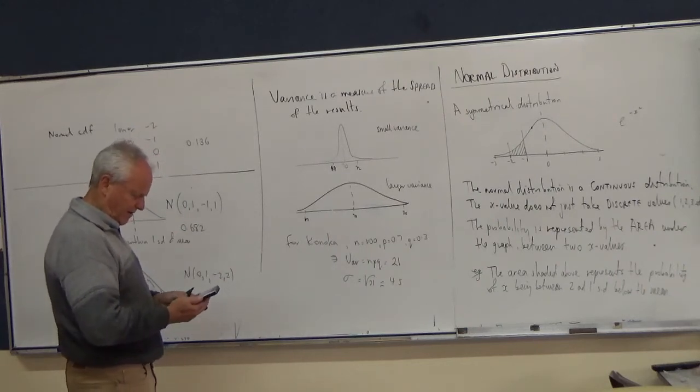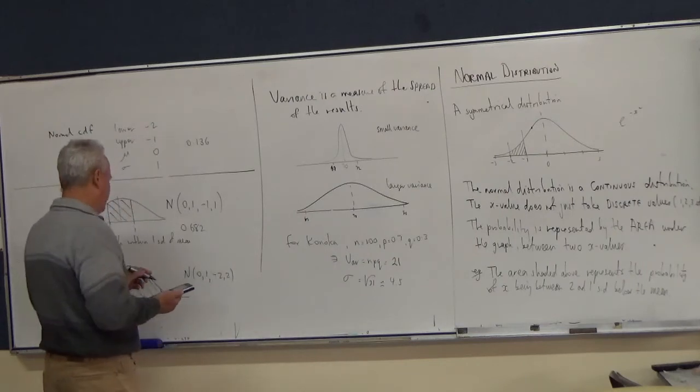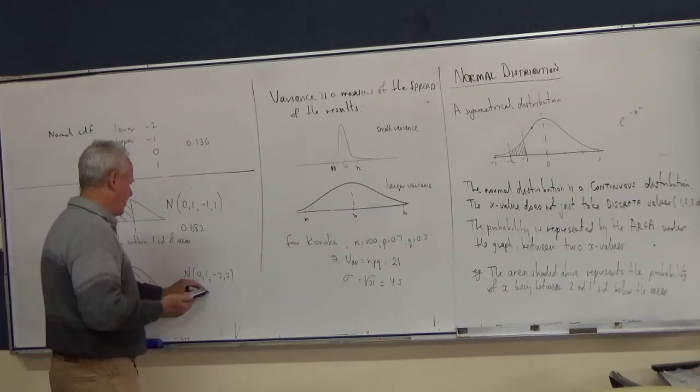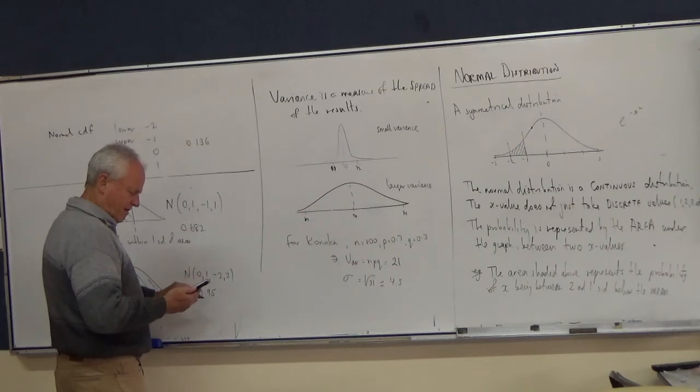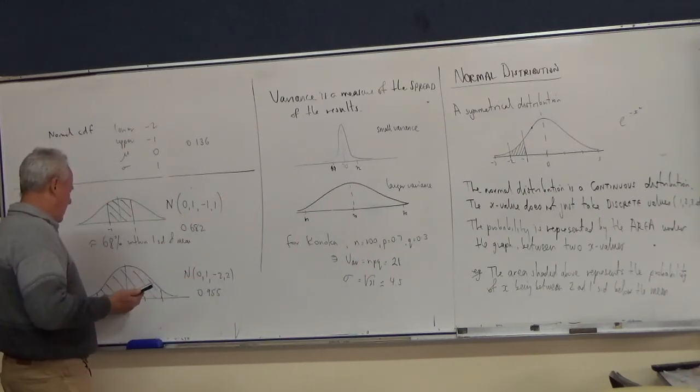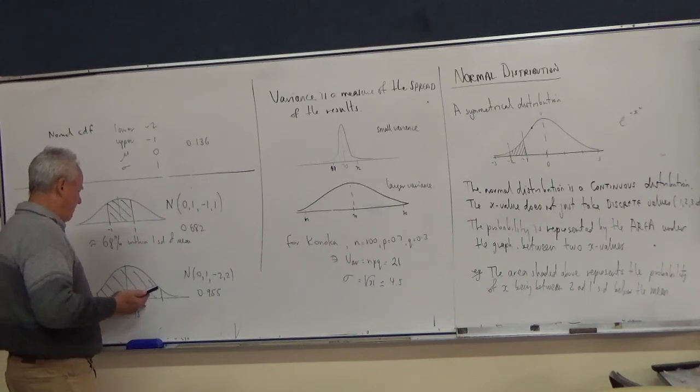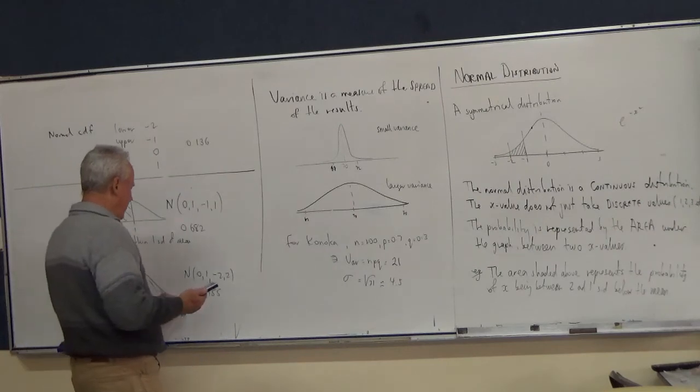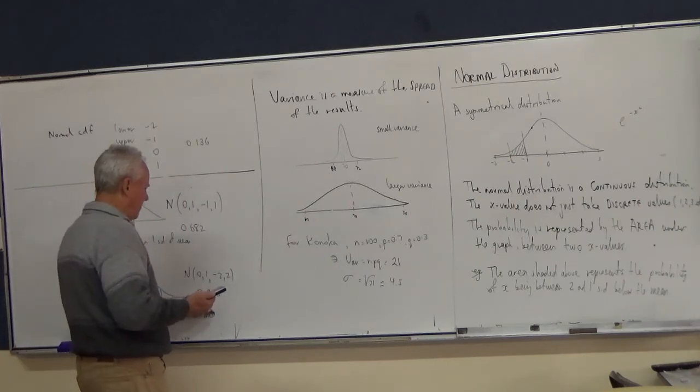And we get 95.45, so let's say 0.9545. So we'll say approximately 95% within 2 standard deviations of the mean.